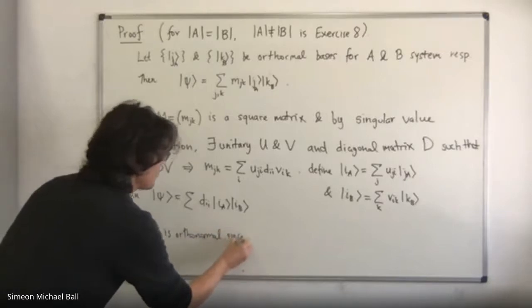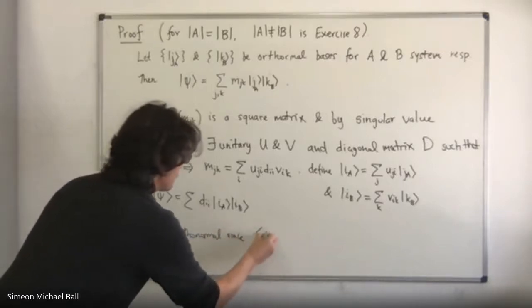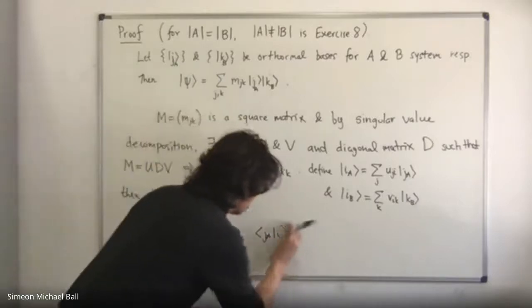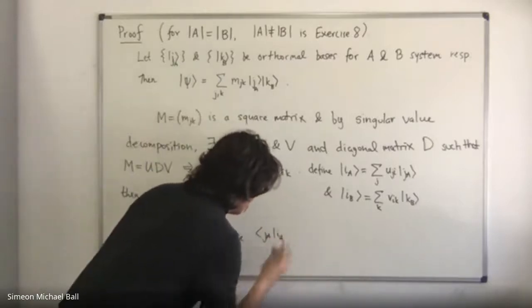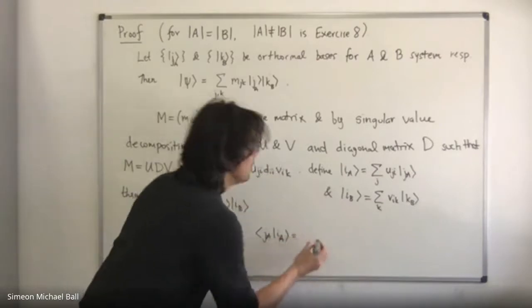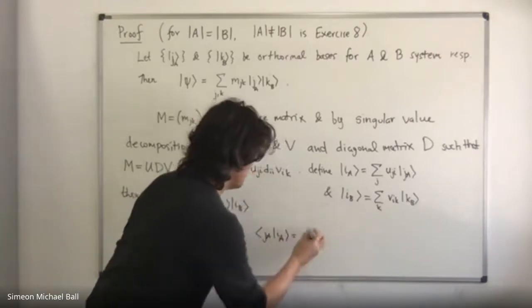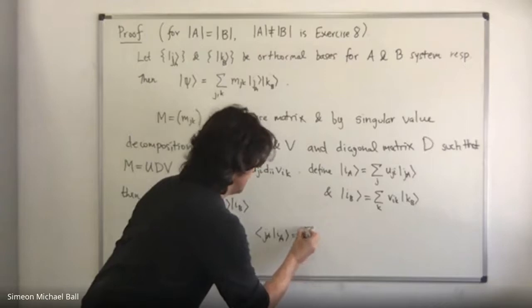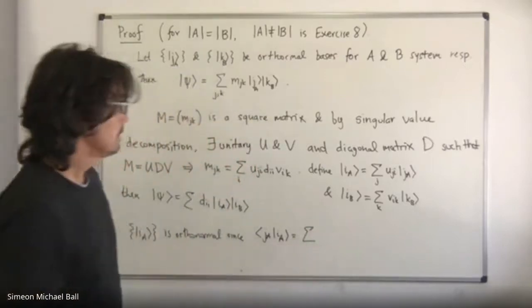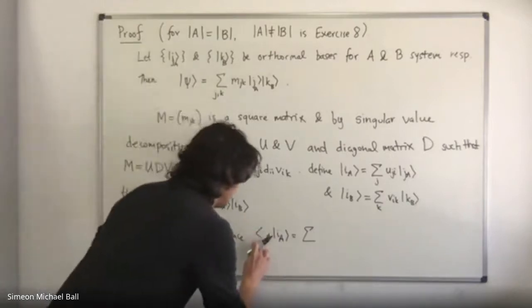Since, oh dear, my handwriting. I want to go too quickly. Okay, so the bra of this is then, oh, I've used j there. Let's use l here.